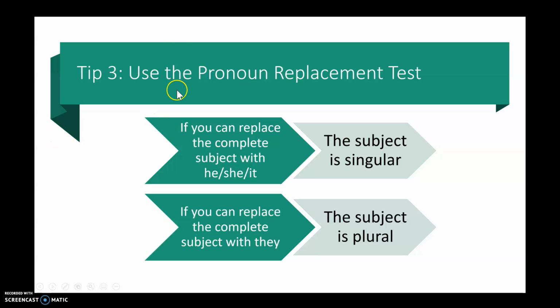You can also use the pronoun replacement test. I really like this test. I find it really helpful for trying to figure out where the subject is, especially the complete subject, especially when there's a lot of words in that subject. So the idea is that if you can replace the complete subject with a pronoun, such as he, she, or it, the subject is singular. If you can replace the complete subject with they, then that means that the subject is plural.